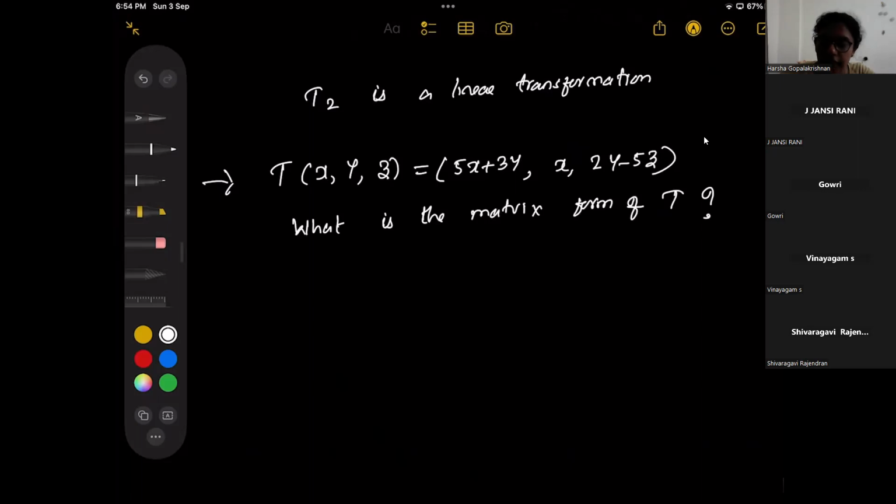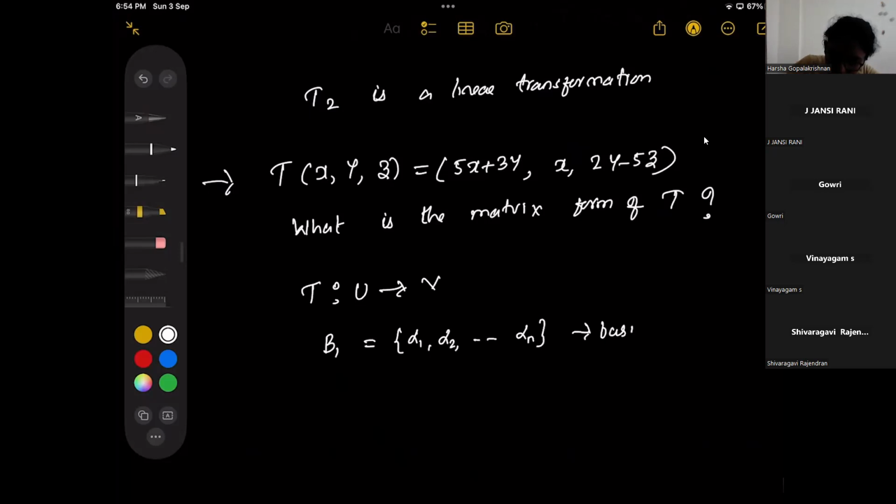In general, if T is a linear transformation from U to V, and let V1 equal to alpha 1, alpha 2, etc., alpha n is a basis of U, suppose.